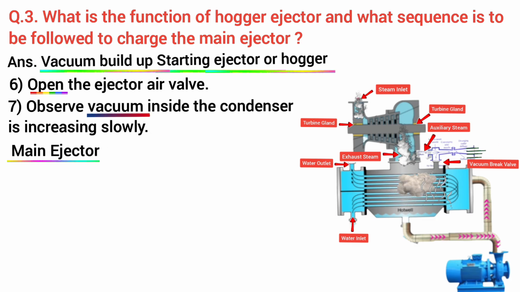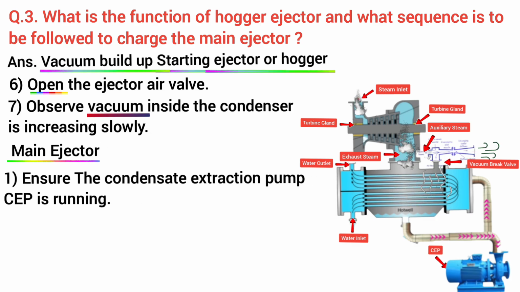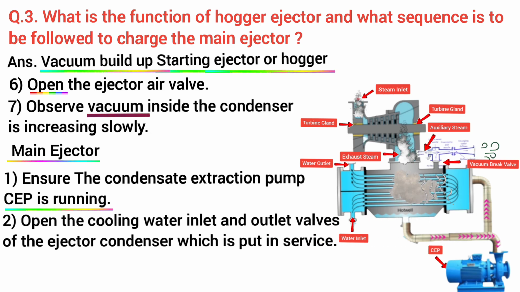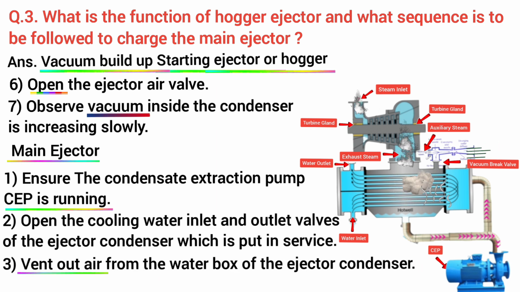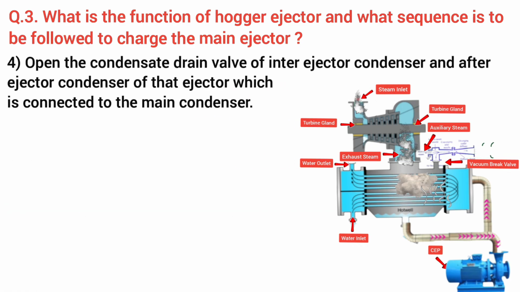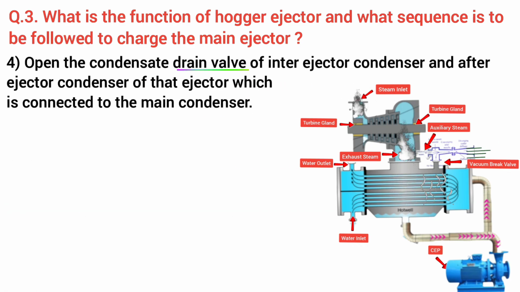Main ejector. 1. Ensure the condensate extraction pump, CEP, is running. 2. Open the cooling water inlet and outlet valves of the ejector condenser which is put in service. 3. Vent out air from the water box of the ejector condenser. 4. Open the condensate drain valve of the inter-ejector condenser and after-ejector condenser of that ejector which is connected to the main condenser. 5.